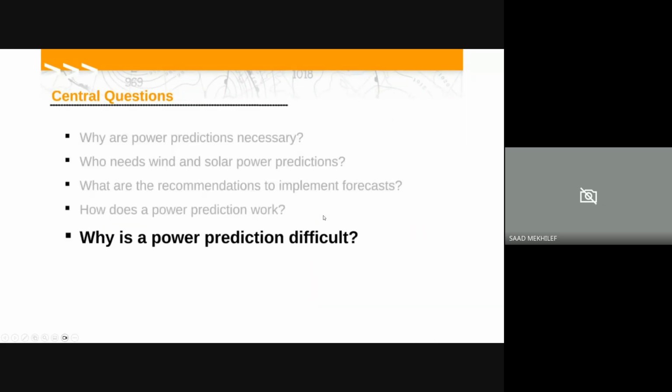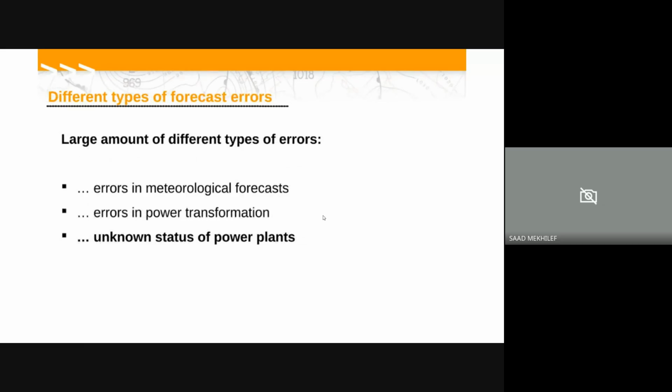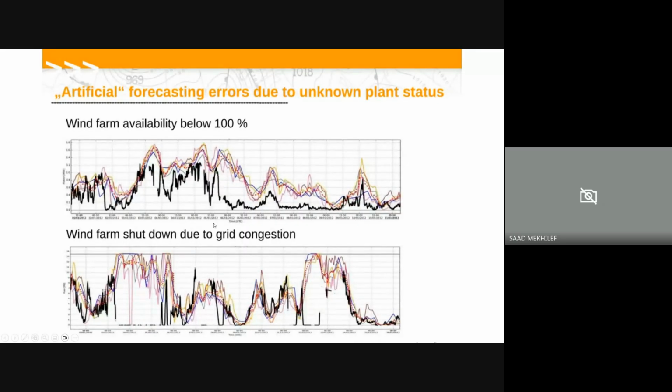Okay, this is for solar, and sometimes it's difficult, I think because of errors in the meteorological forecast, a very common error in power transformations, and sometimes unknown power plants. We don't know the power plant, and these are some examples. Wind power availability below 100%.